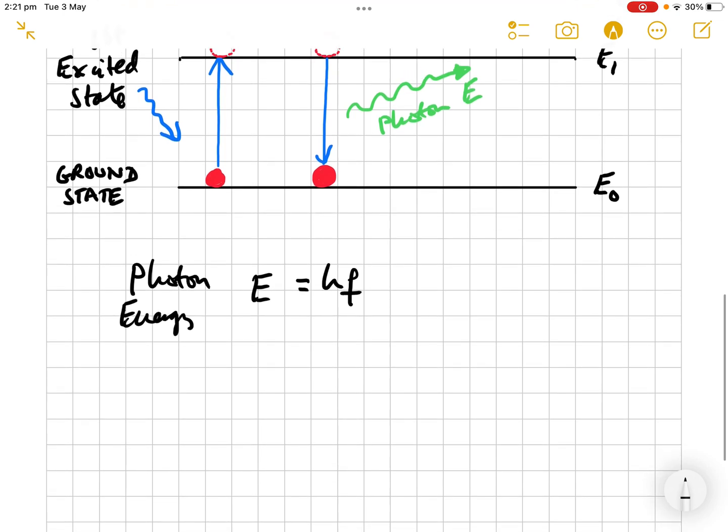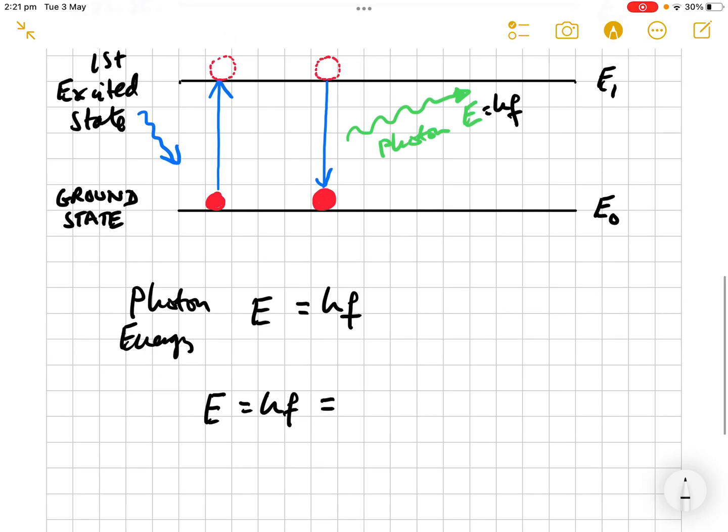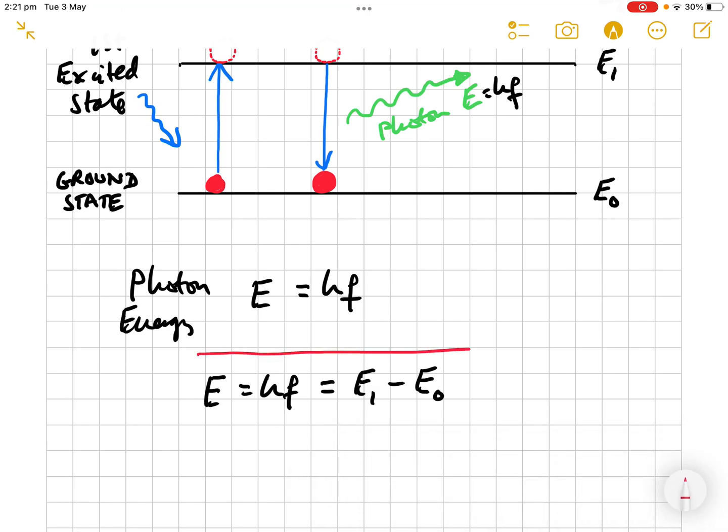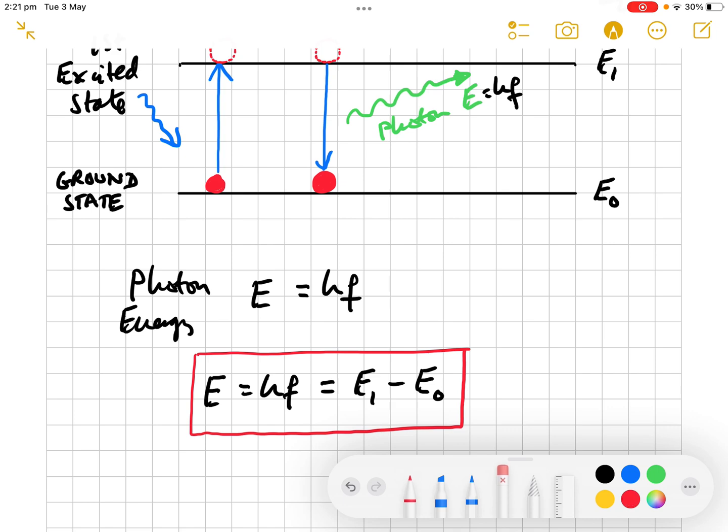If we focus on the emitted photon for a moment, then that E, which equals hf, so let's pop that in, hf, that's going to be the difference in energy between E1 and E0. You just basically take the difference in energy levels to get the energy of your photon. And that's the important equation for these spectra.